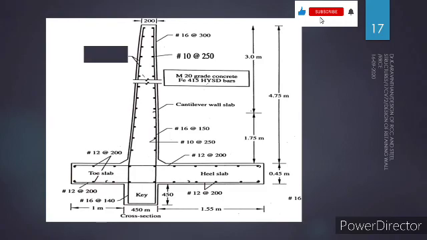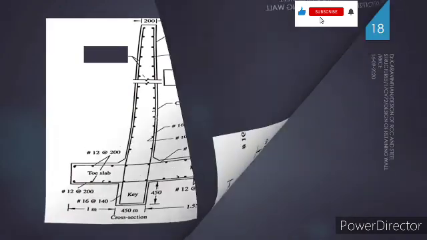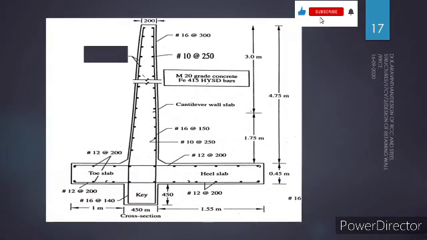So finally, this is the overall detailing of your structure. By the process you have followed, you have checked for sliding, you have checked for shear, and you have designed your structure for bending moment. And finally, let us have the detailing here. First we found the reinforcement of the stem.